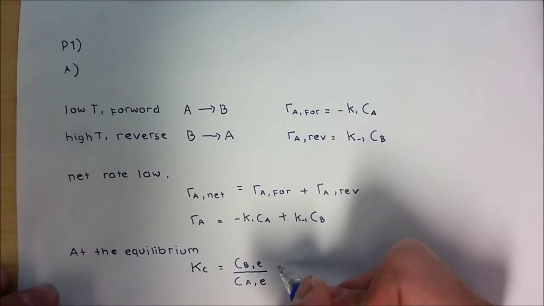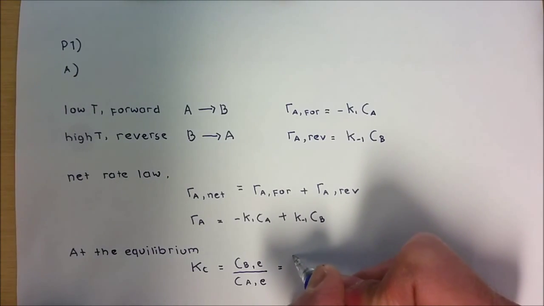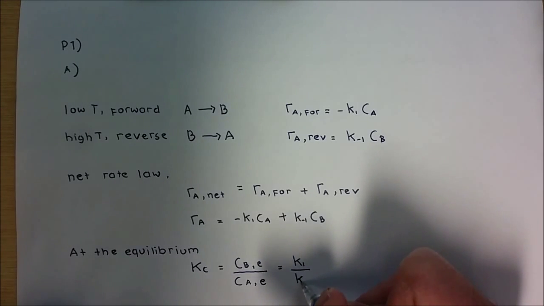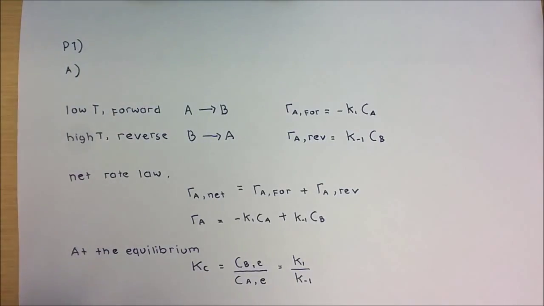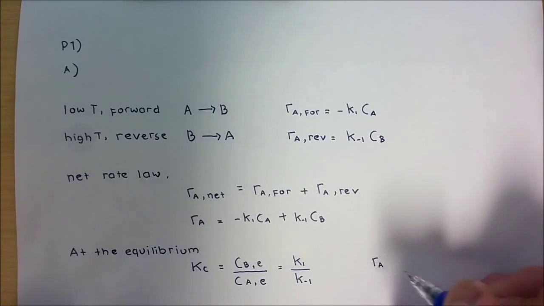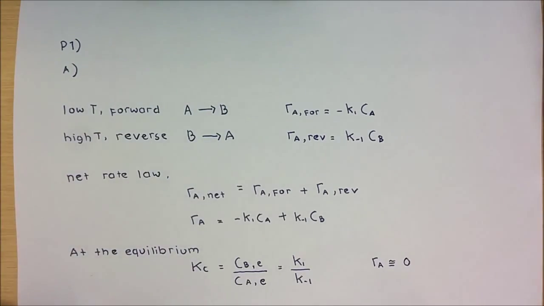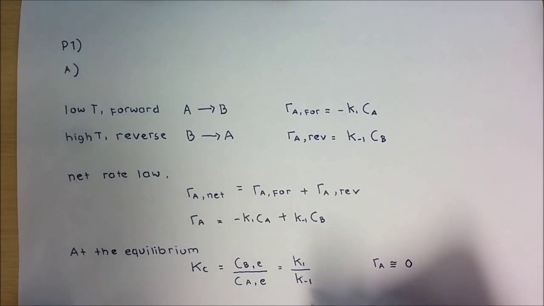So what it means, if we look at this, we will have K1 over K minus 1. And we should remember that at equilibrium, the rate law is going to be 0. This is why we will get equilibrium constant equal to the rate constant for the forward reaction divided by rate constant of the reverse reaction.